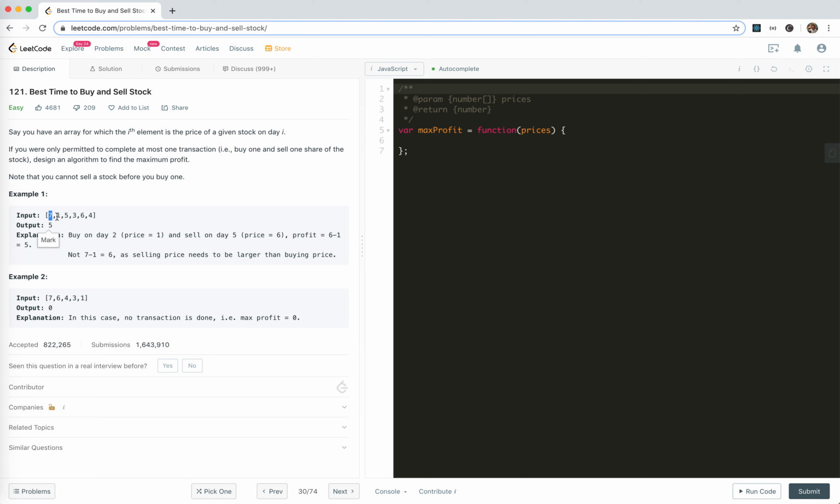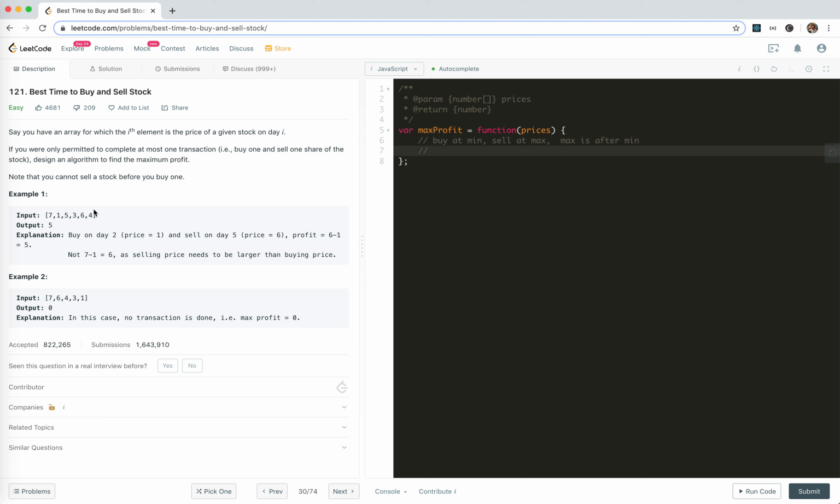So for example like this, we buy on 1 and sell on 6. So it's 5. Obviously we need to buy at the minimum and sell at the max, which means the max is after the min.